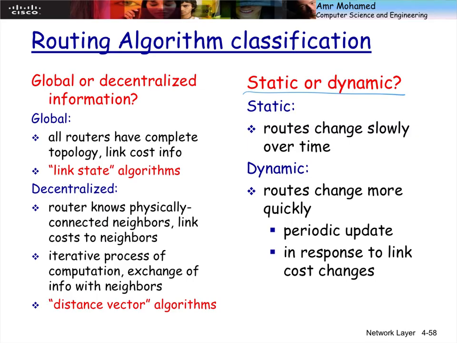Static routing talks about the fact that the routing table will be inserted in the router manually, which means that there is a network analyst that goes to each router and enters the routing table items.